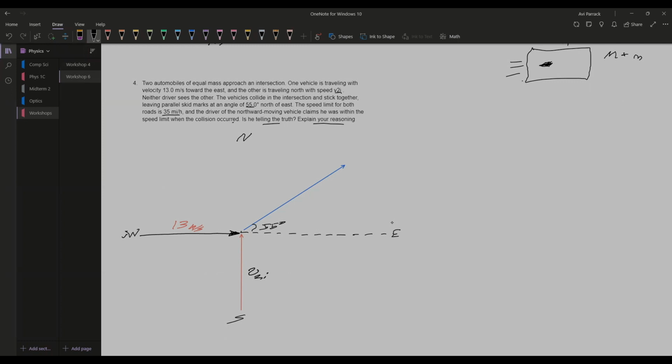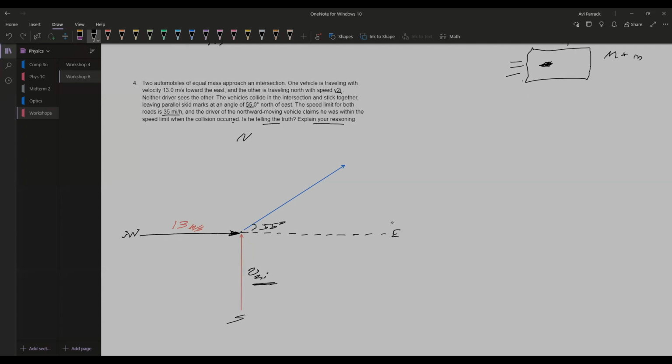If the momentum of the northward traveling car had been overwhelming compared to the car traveling east, like a semi truck traveling at 60 miles an hour and a toy car, then the toy car would just get flung off in the direction of the truck's momentum, and the truck would keep going its way, unaffected.